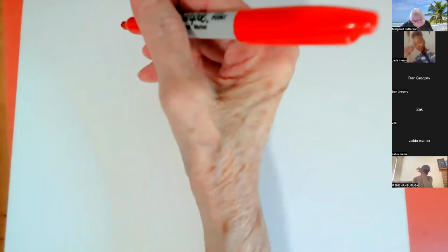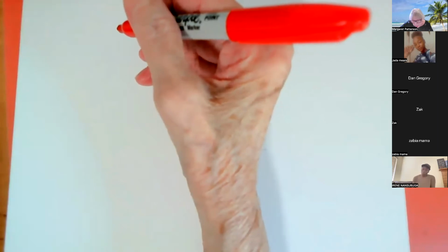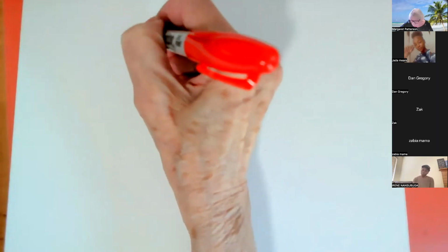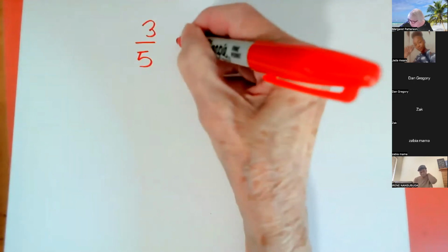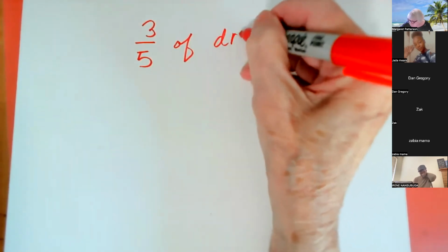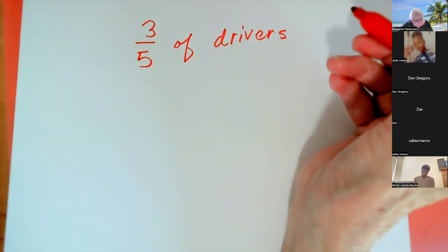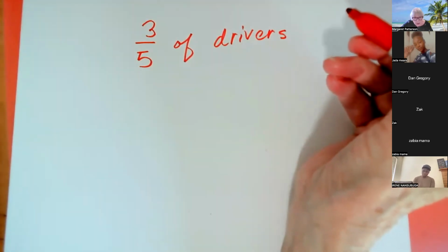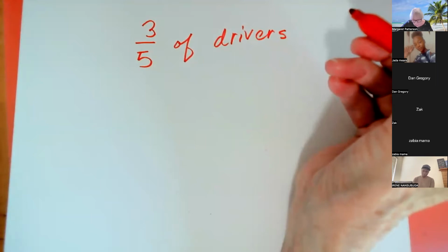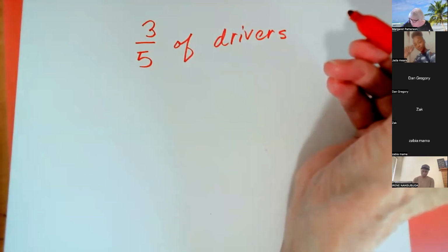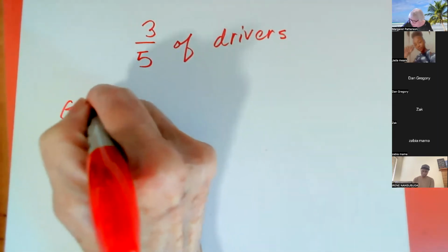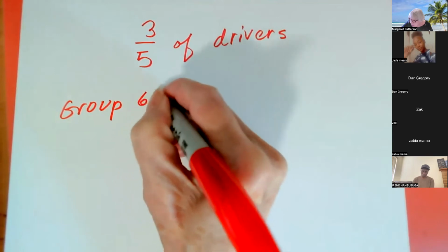Okay, here's a problem. This particular poll found that 3/5 of the drivers used cell phones when they were driving. That's not good, right? Given this statistic, how many drivers in a group of 65? So there's a group of 65.